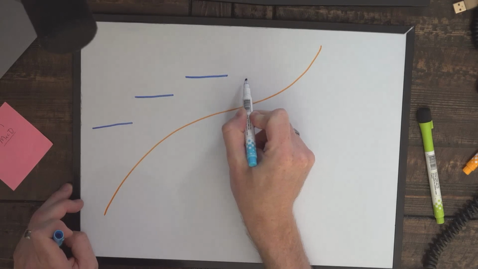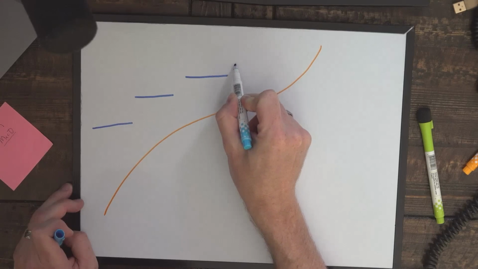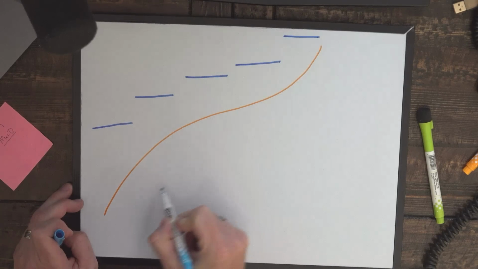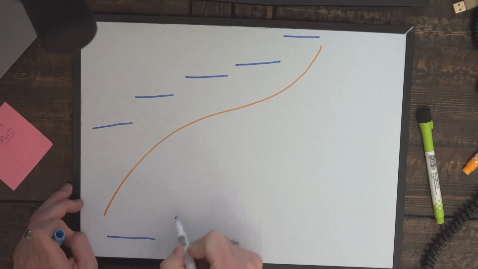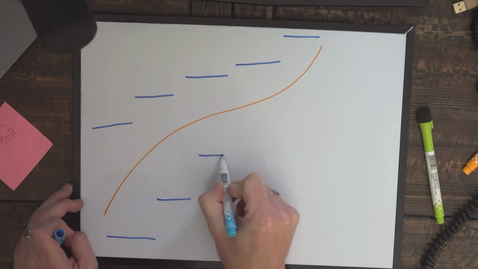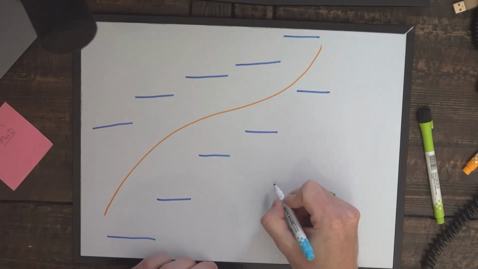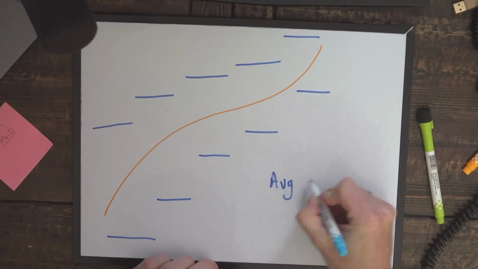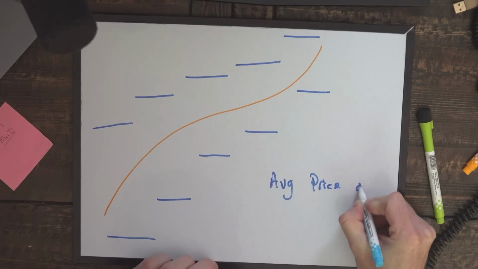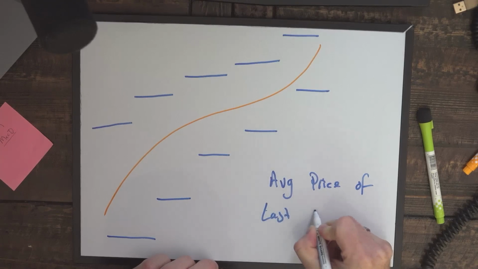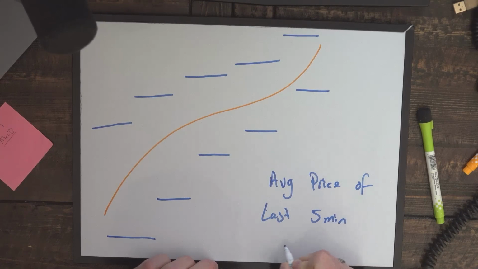And they can even come down if the price comes down, of course, and then they keep moving up like this. So these are volatility bands, and they update approximately every 30 seconds to the average price of the last 5 minutes.